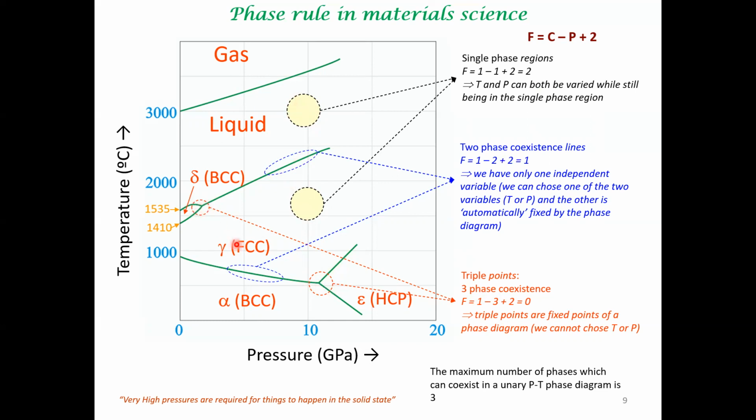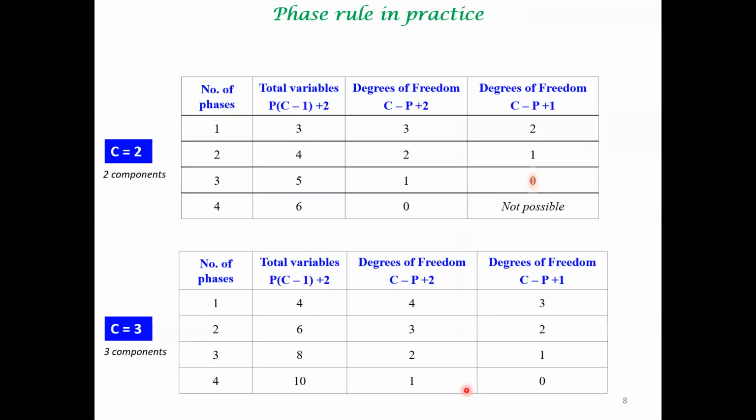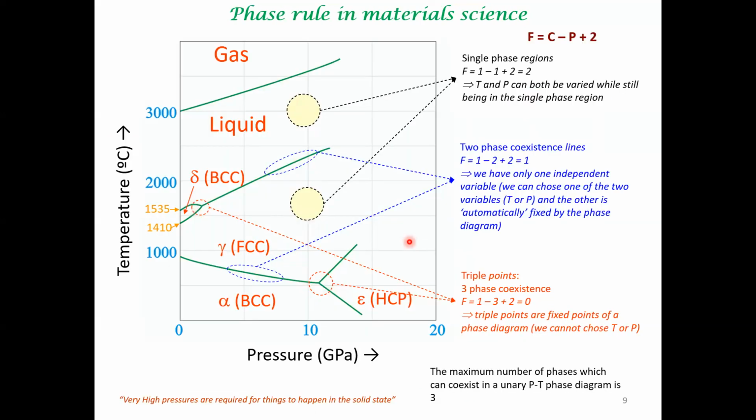All right. So this is for a unary phase diagram. For a unary phase diagram, at most I can have three phases in equilibrium. That is the implication.